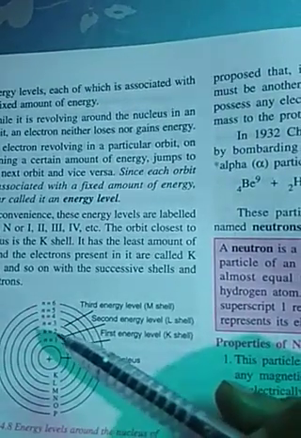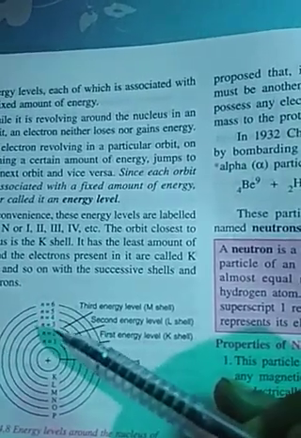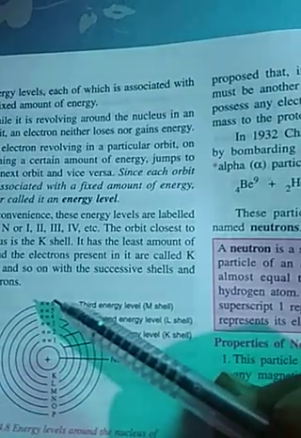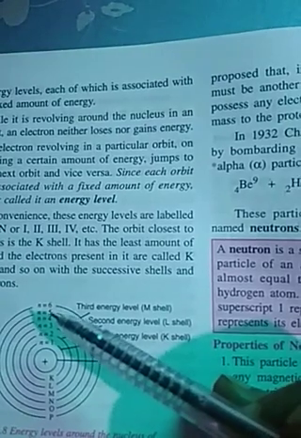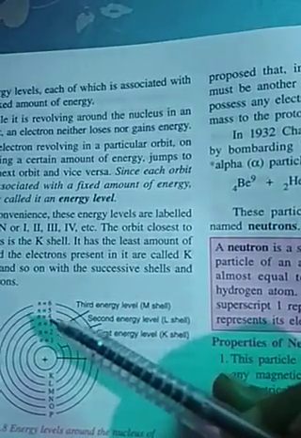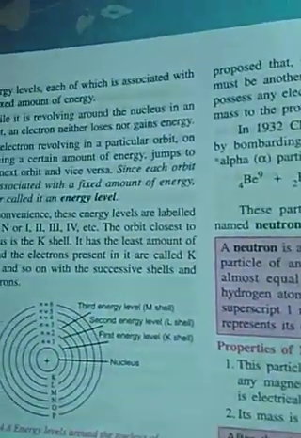It is first, second, third, fourth shell. If an electron in the fifth shell gains energy, it will go to the sixth shell. But if it is losing, it will come to the fourth shell, meaning after losing, it will come close to the positive charges.